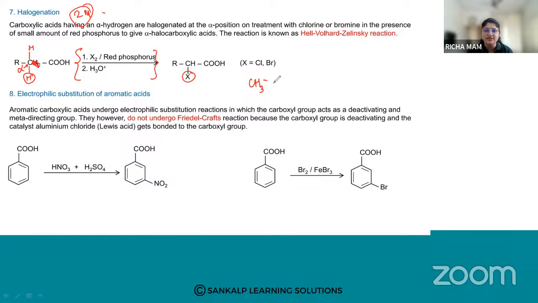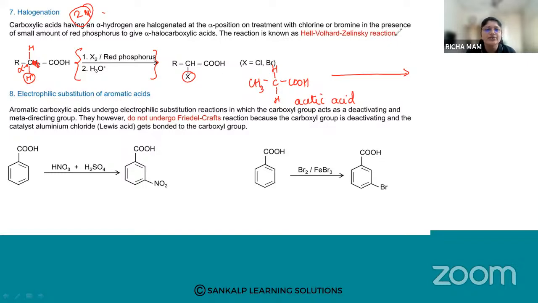Suppose I have CH3COOH. So this is again acetic acid. So you also practice it with the simplest example. Keep one example only. When you are discussing carboxylic acid, you take the simplest acid, that is acetic acid.